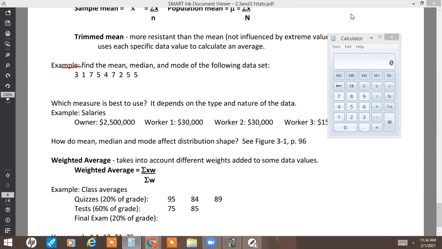So here's your example. Find the mean, median, and mode of the following data set. Well, for the mean, you don't need to order the data set. I'm just going to add the numbers together. And again, this is probably about the speed of what you see in the test.